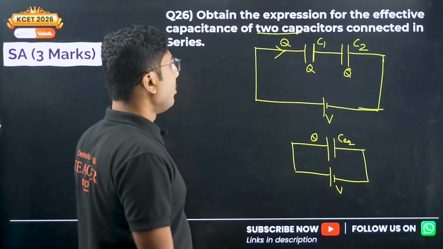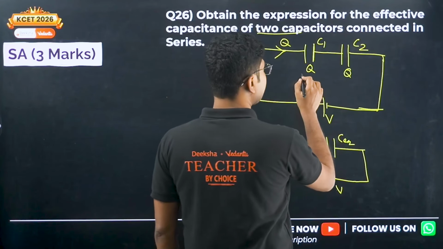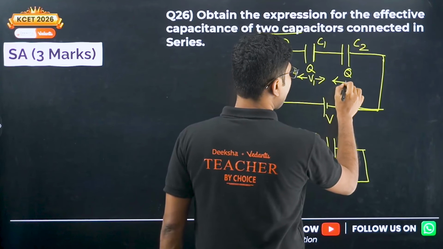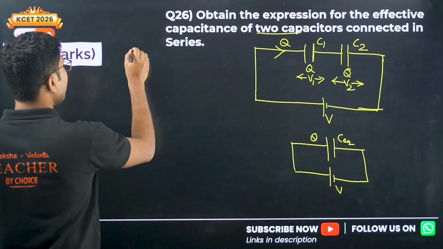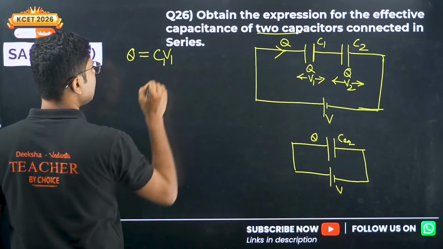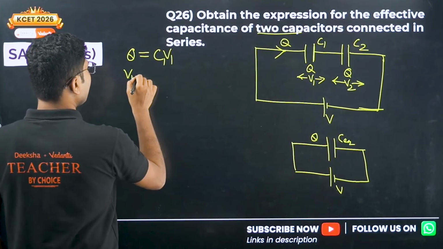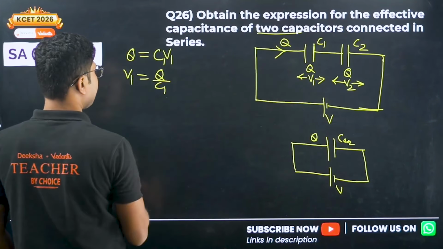Now first we will see what is happening in each and every capacitor. Suppose the voltage drop across this is V1, voltage drop across this is V2. We know that Q equals C1 V1, or V1 equals Q by C1. This is for the first capacitor.